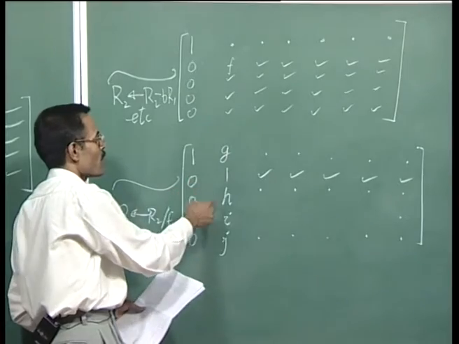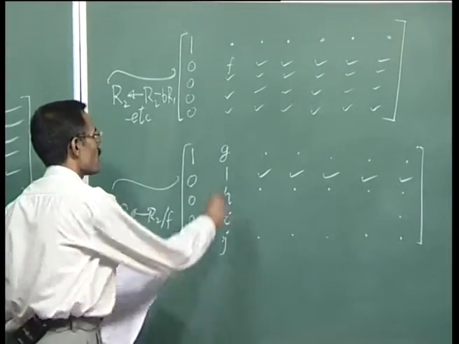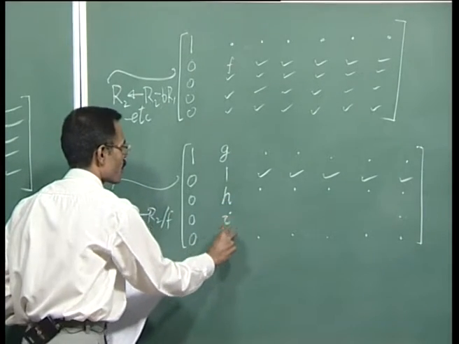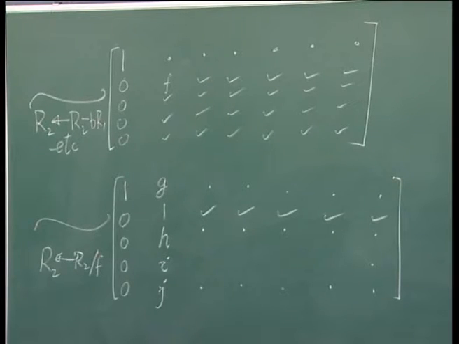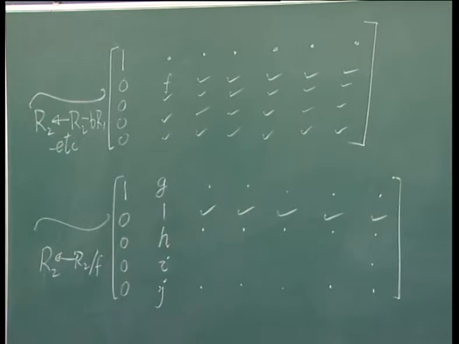Okay. So, as we multiply the second row with G, H, I, J, then we will get zeros here, right. And now onwards, to save time, I will not be writing all these details, I will be just discussing the steps and carrying out the appropriate operations in the matrix.